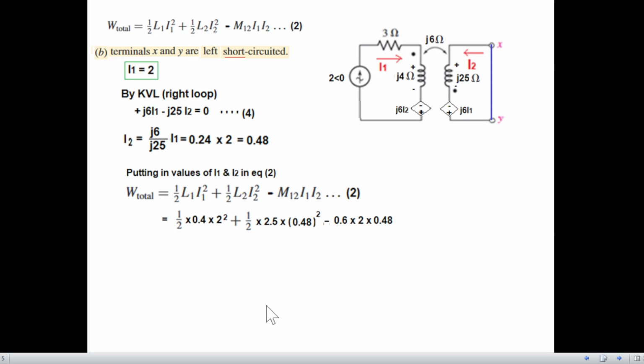So with this value we find the total energy to be 0.512 joule, and this is the answer given in the book. For the first case it is 0.8 joule, and for the second case it is 0.512 joule.